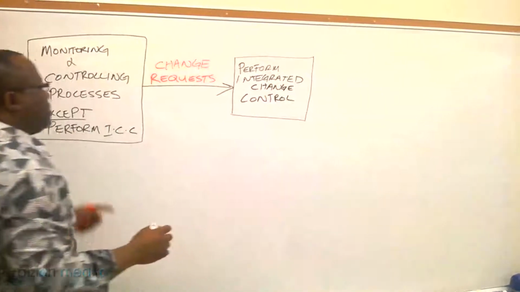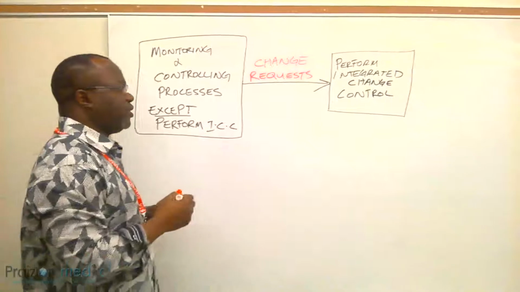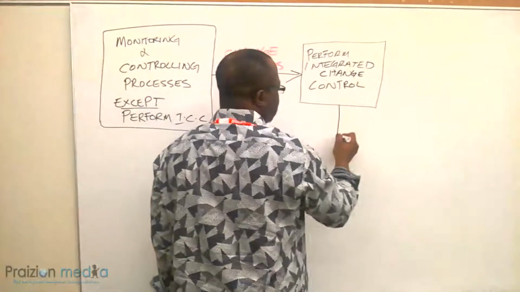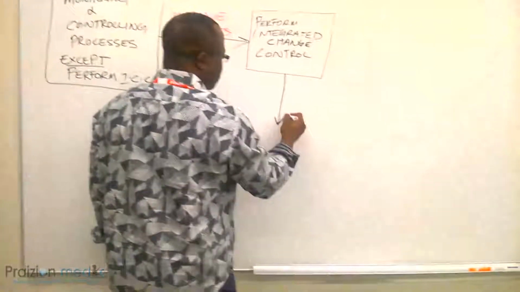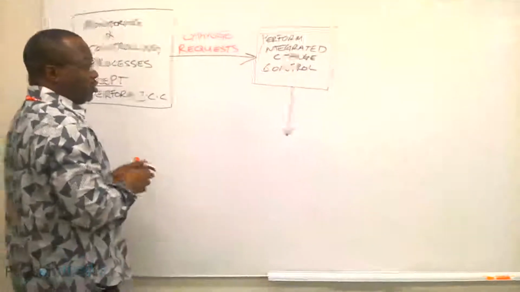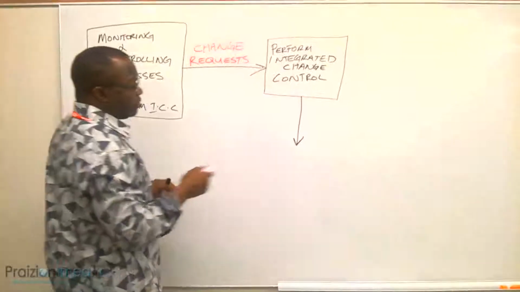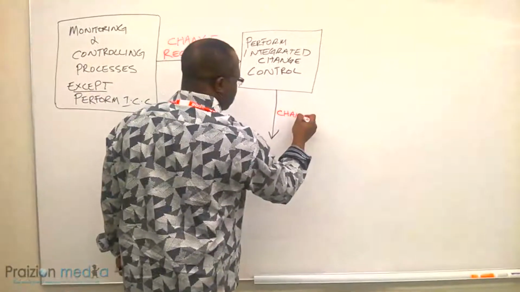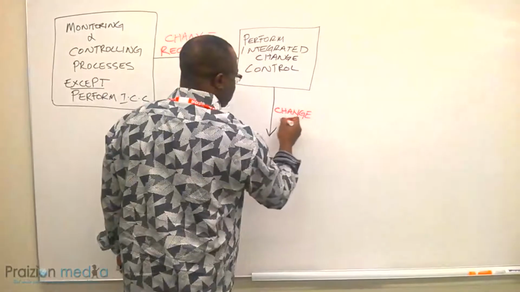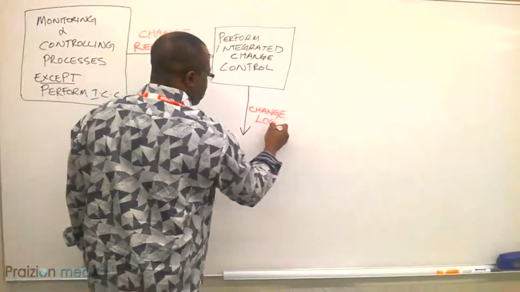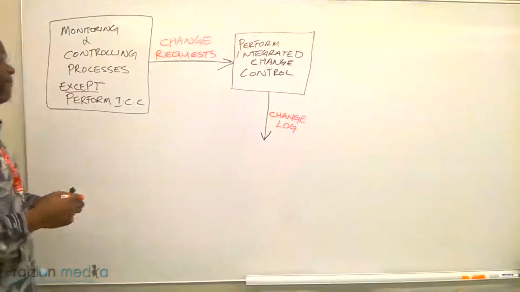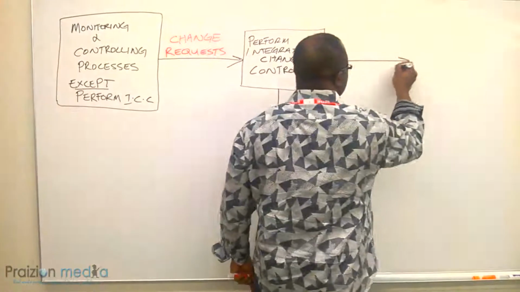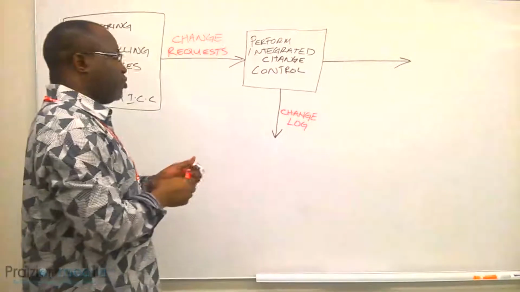Okay, now as the change requests go into perform integrated change control, they come out as either rejected into a change log, right? They go into a change log, or we have something called approved change requests.